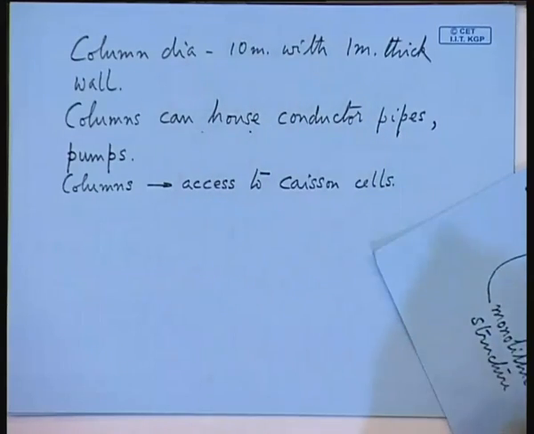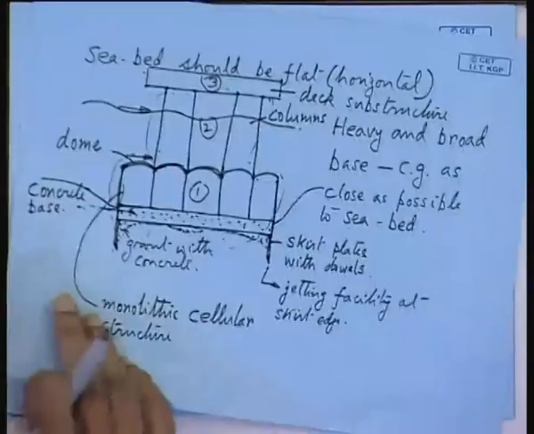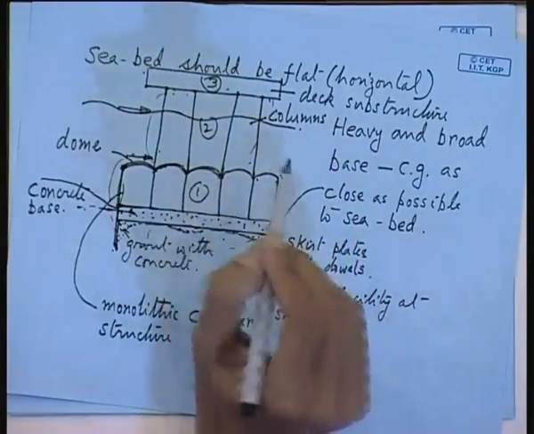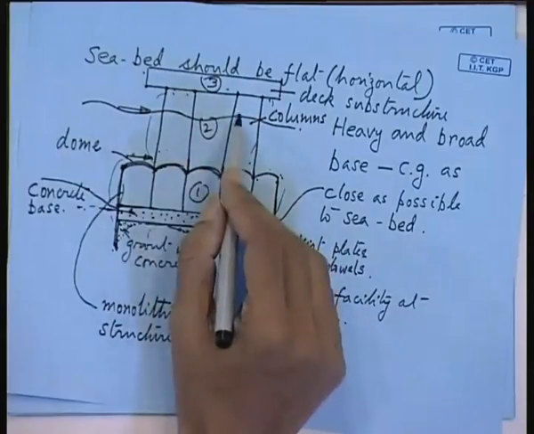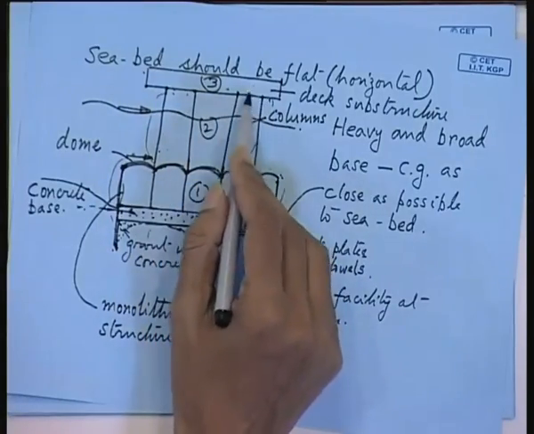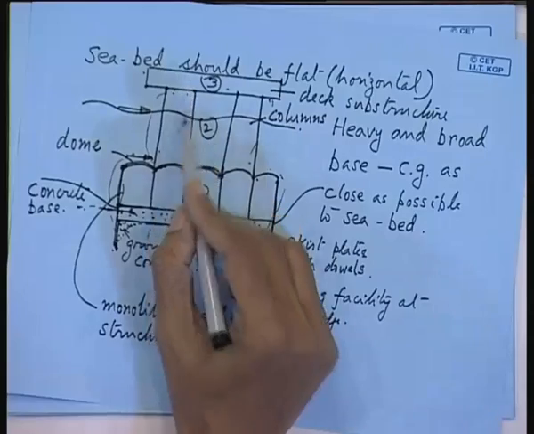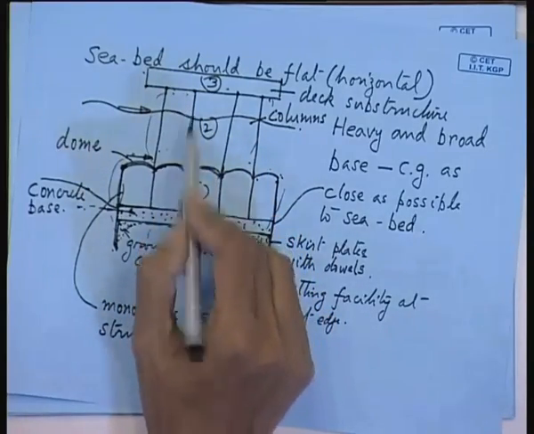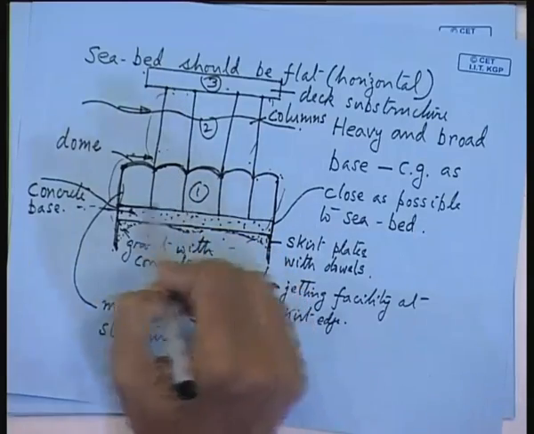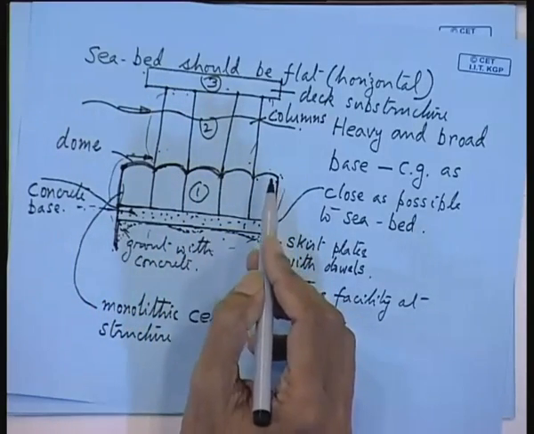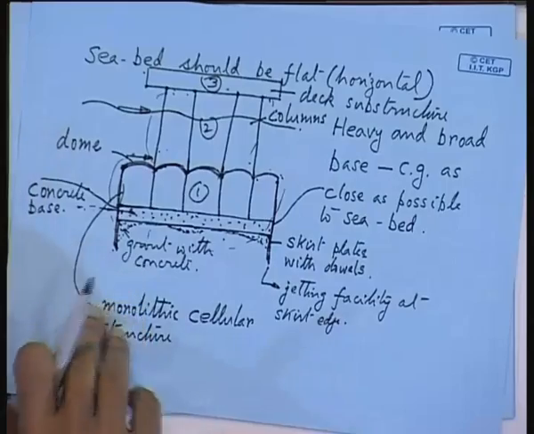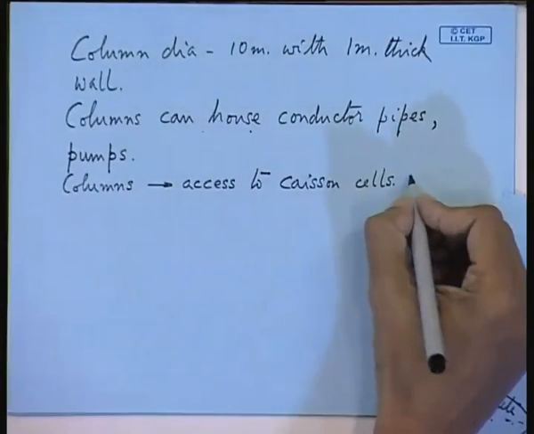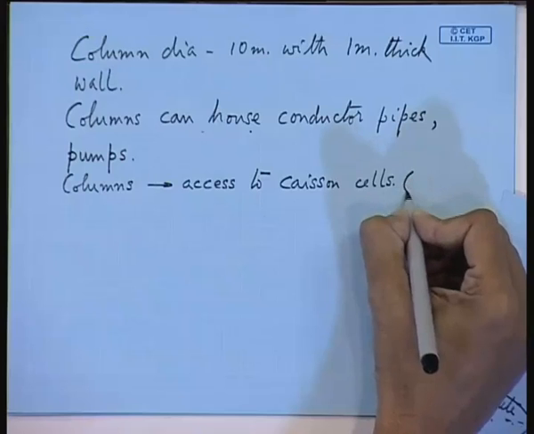So access has to be provided in this region. That means persons should be able to go down from the deck through the column. This is one advantage you are getting over the jacket structure. A person can literally go down right to the bottom of the structure through ladders in these columns. So he is able to access your caisson cells, or sometimes this is called wellhead.